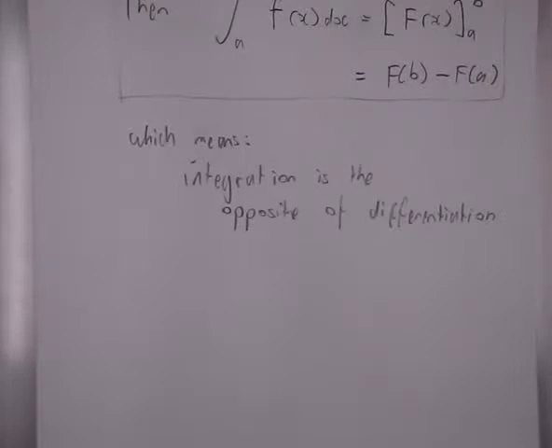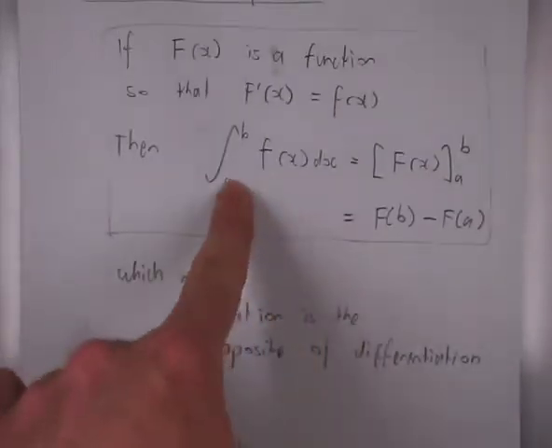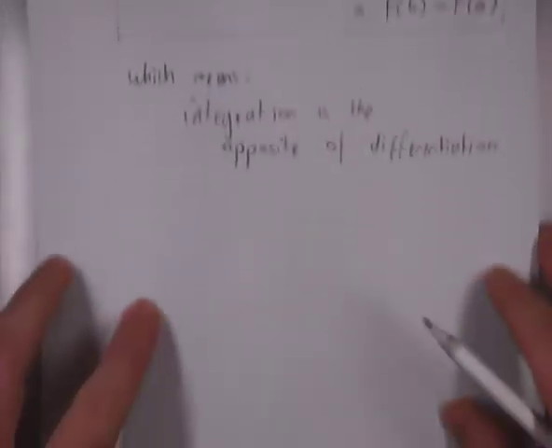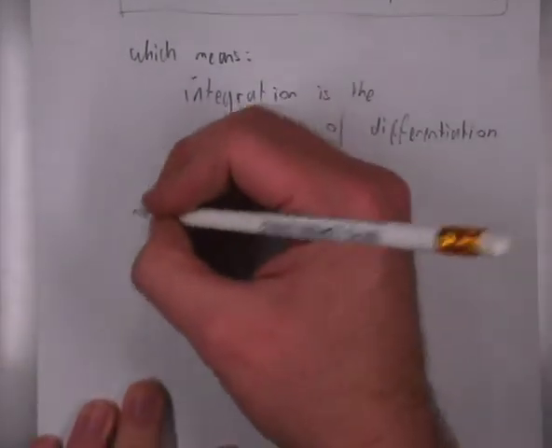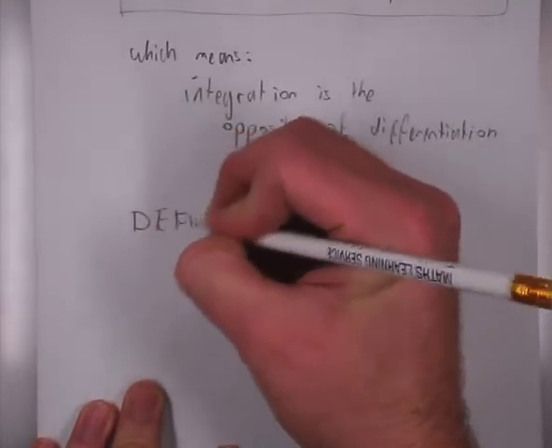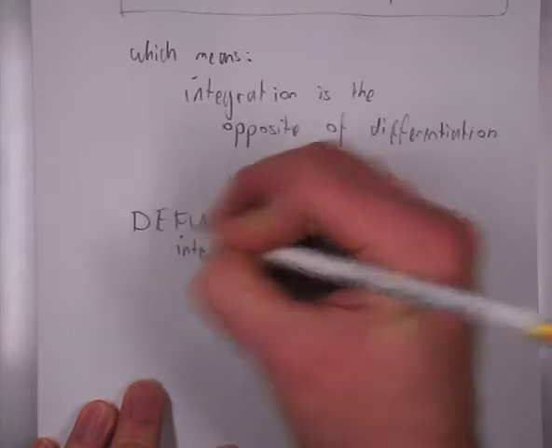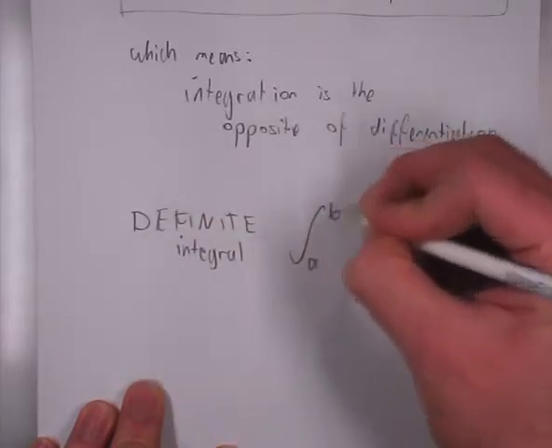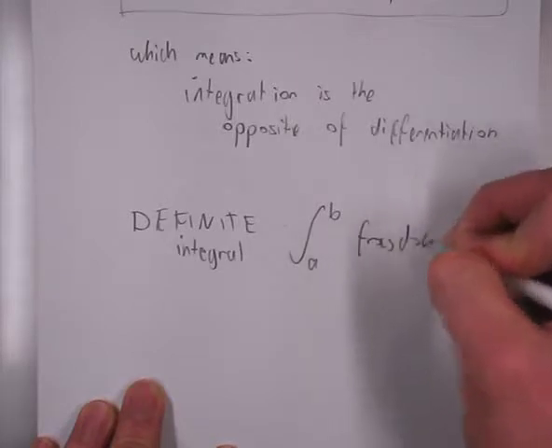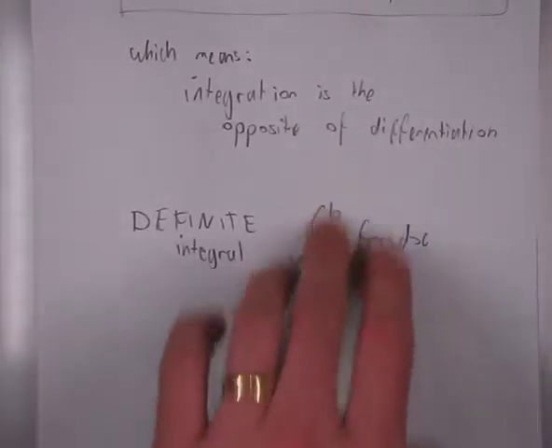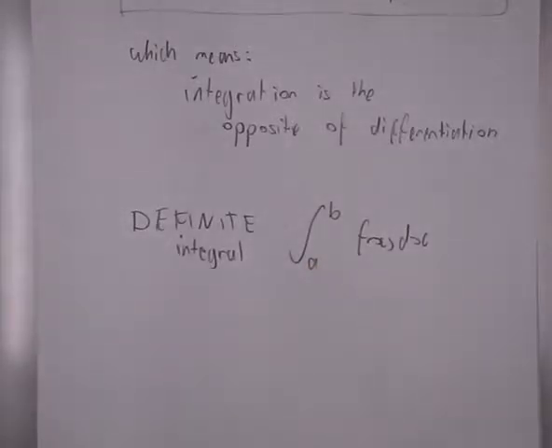Okay, so what this here is called is a definite integral. I need to just go over some terminology in case you're not sure. So a definite integral is something with numbers in these spots here, that you actually do the integral and you do the top minus the bottom. That's a definite integral, and the answer will come out to be a number because you're trying to find an answer for an area on the page.